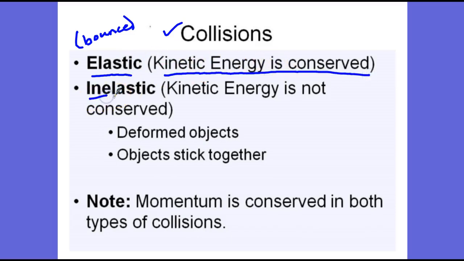In an inelastic collision, a perfectly inelastic collision would be when the objects actually stick together, but they don't have to stick together for it to be inelastic. All you have to have is some energy lost to something, making noise, changing shape, denting. So kinetic energy is not conserved in an inelastic collision, but momentum is conserved in both types of collisions.